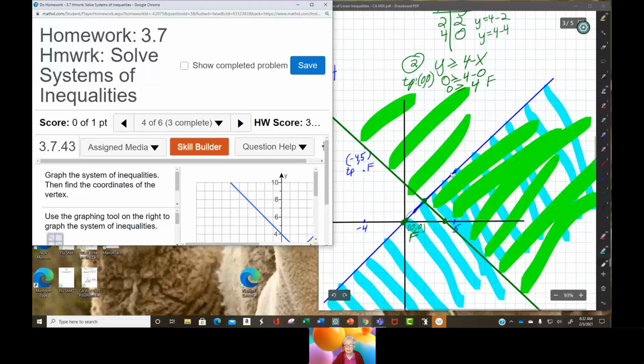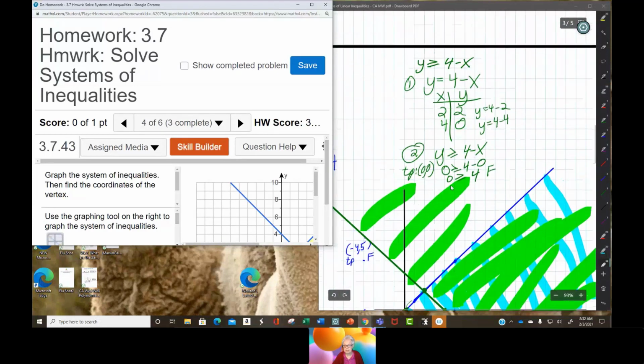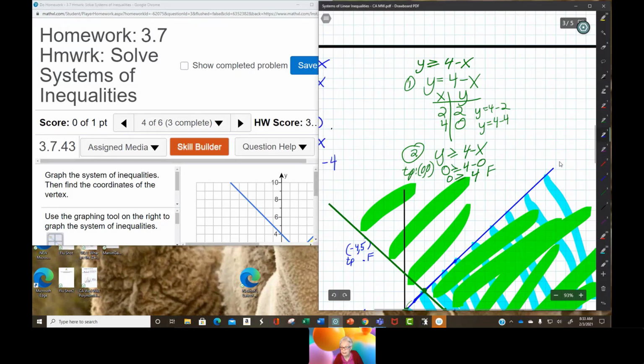The vertex is at the intersection of the line y equals x and the line y equals 4 minus x. So we solve them together as a system to find the point of intersection, which is what the vertex is in this context.